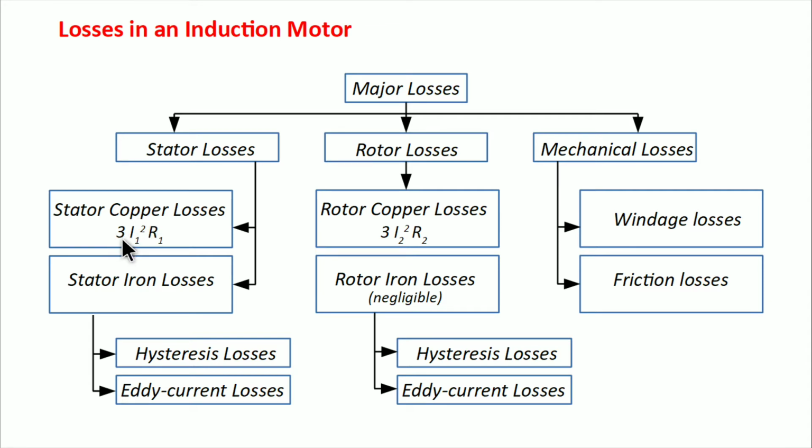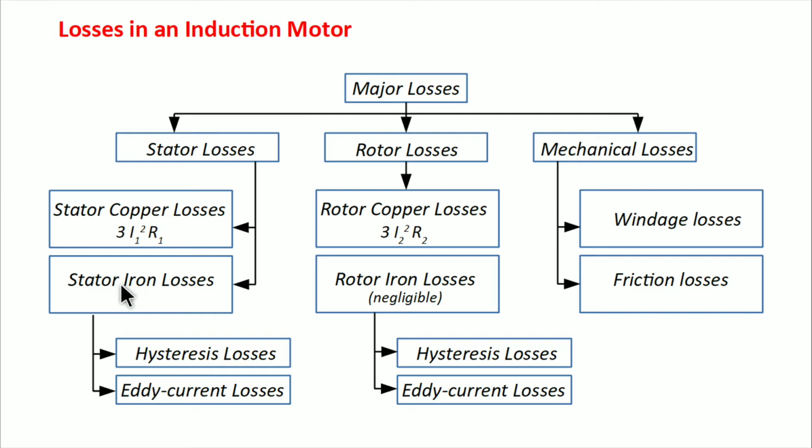There are three phases in the motor, so 3 I1 squared R1 is the power consumed by the resistance of the stator, which is dissipated in the form of heat to the surroundings and is called stator copper loss. To minimize these losses, the only controllable thing is R1. So to keep resistance minimum, we use good quality conductor wire having minimum resistance.